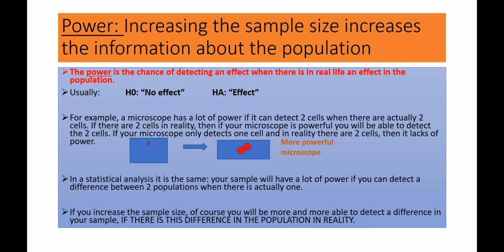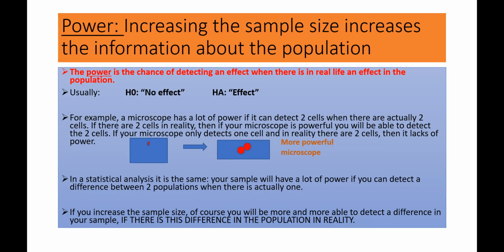The power now. Let's go back to the power. So beta is the maximum risk we are willing to take to commit a type 2 error, okay? To not reject H0 when it is actually false. So that's the type 2 error.